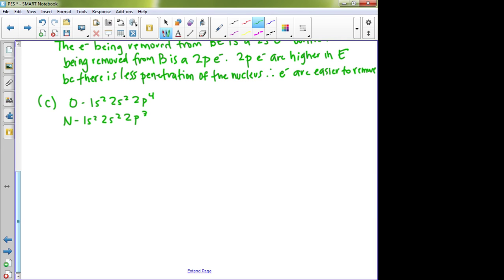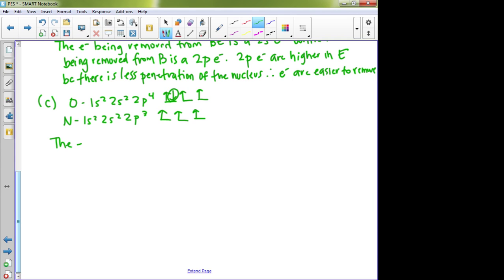Oxygen is 2p4, which means it has a paired electron, whereas nitrogen is only 2p3, so it does not have any paired electrons. So then I would write that.